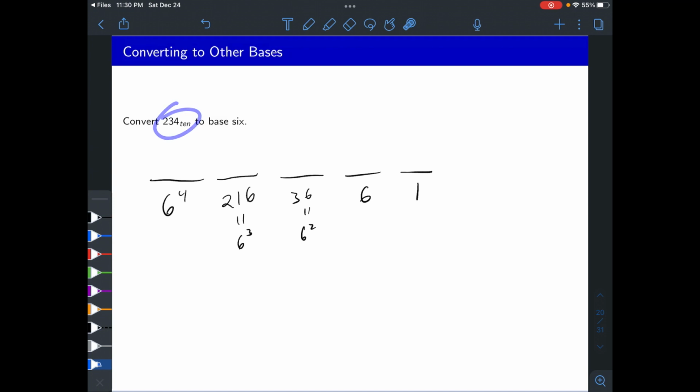So what we do is look for the biggest place value first. What would be the biggest place value that would not be 0? Would it be 6 to the 4th? I don't know what that number is, but 6 times 200, this is going to be at least 1,200, right?